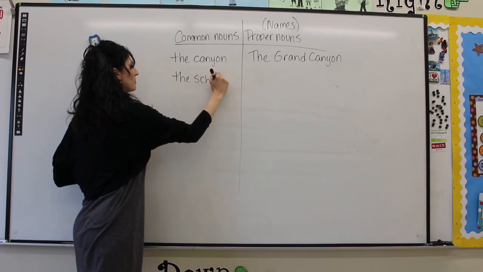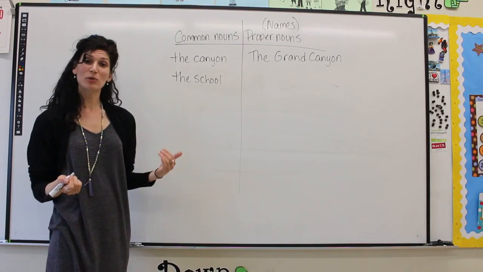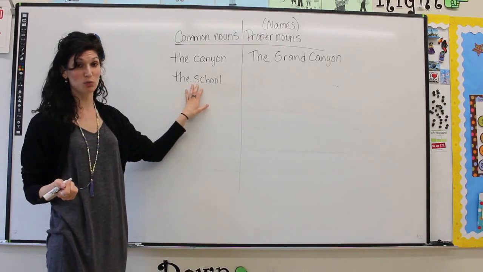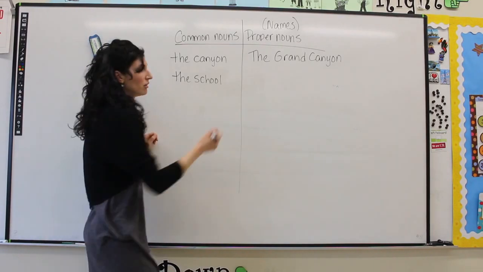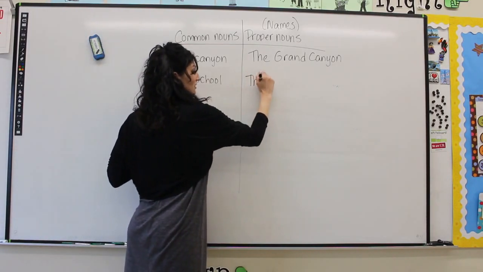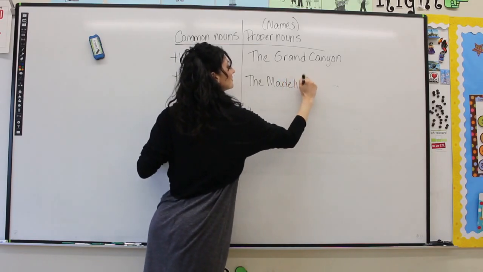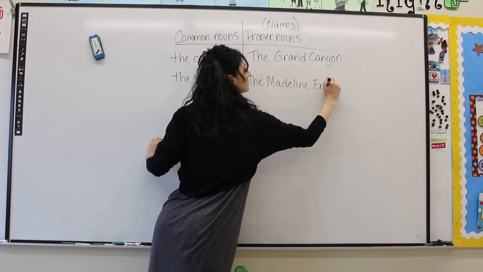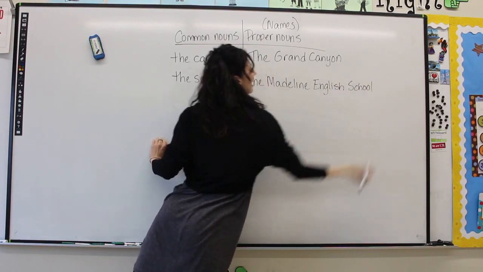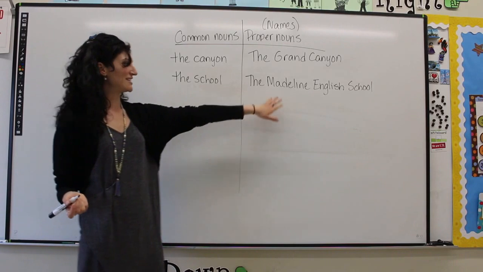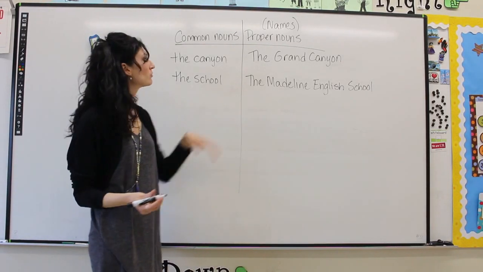We could be talking about any school in any country, in any city, anywhere around the world when we use this word. But if I wanted to talk about a specific school, like the Madeline English, which is where I work, that would be considered a proper noun because it's the name of a specific school that I'm working at.